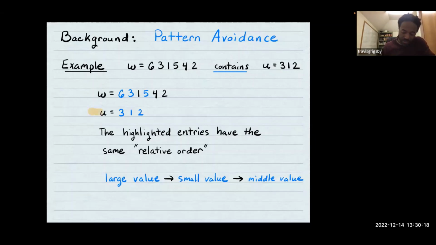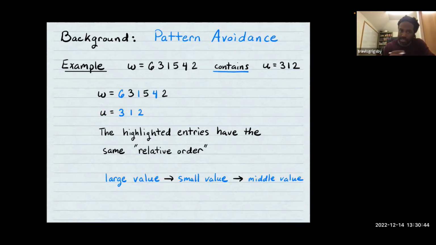Well, the relative order of 312 is you have a large number, then a small number, then some number in between them. And that's exactly what you see here with 6. It's the largest, 3 is the smallest, 5 is a number between the two. And so W contains numbers in that relative order, and so it contains the pattern 312.